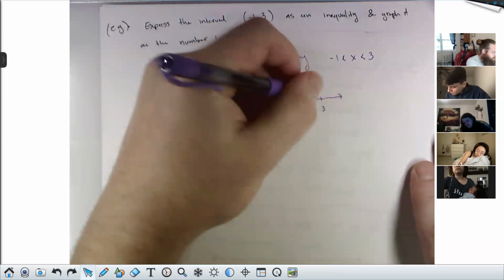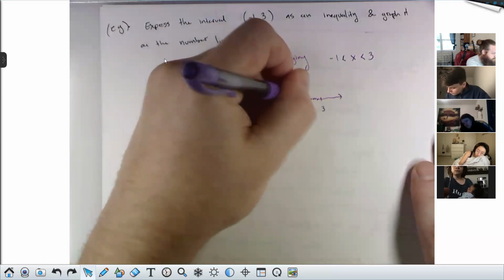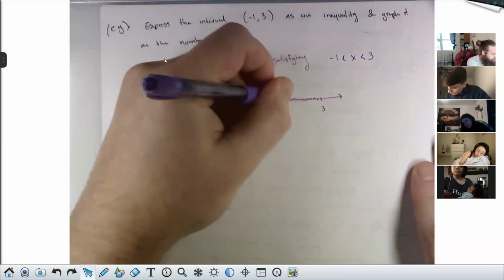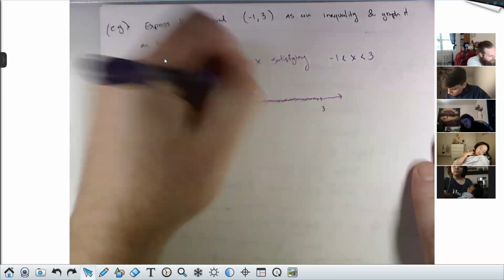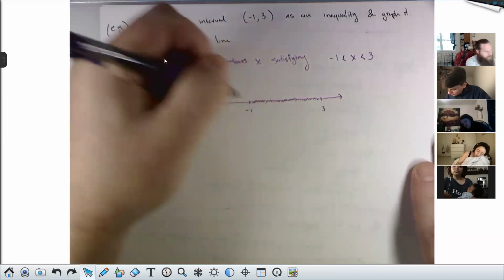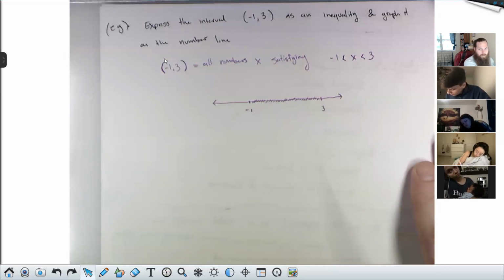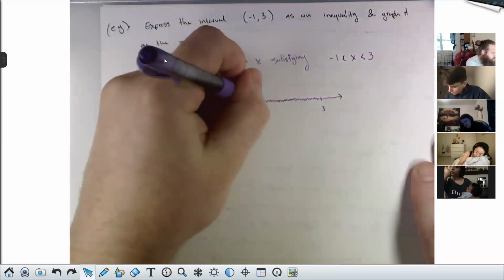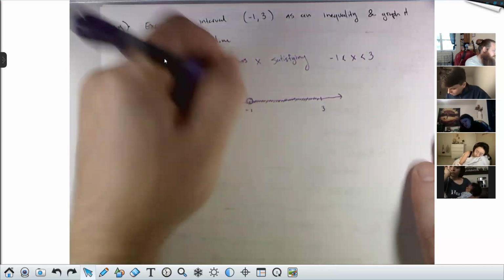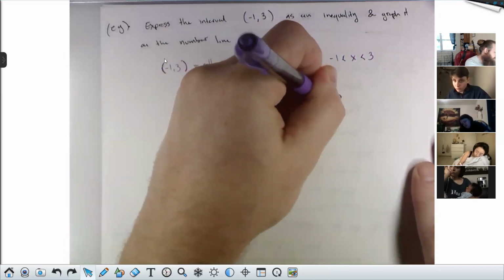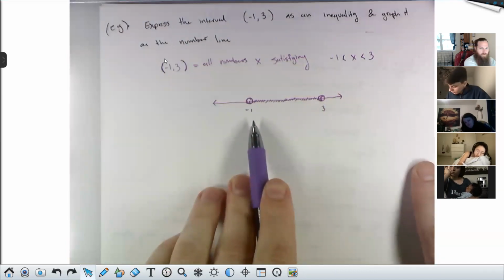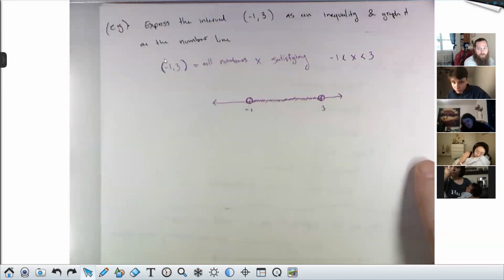And my set is all the stuff that is strictly in between them. And then there's two notations to show what happens at -1 and at 3. You can use an open circle like this to indicate that -1 itself and 3 itself are not a part of the set.